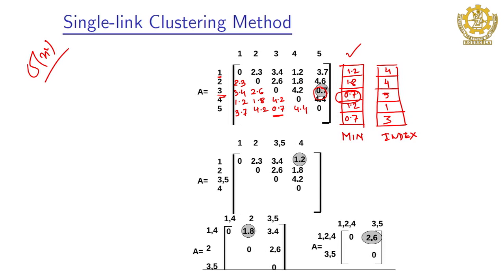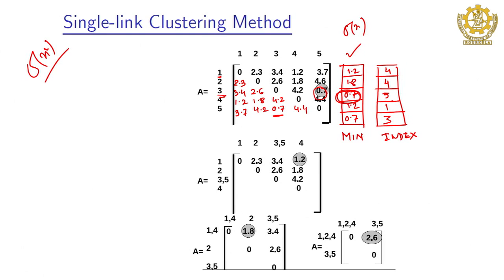First we find the 2 closest clusters and merge them. After searching order of n elements, we got the minimum and its value, and it should be merged with 5. So 3 and 5 should be merged. And what is the next step? You have to update the distance matrix.